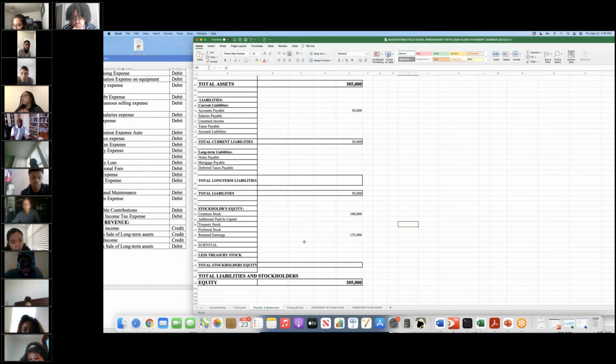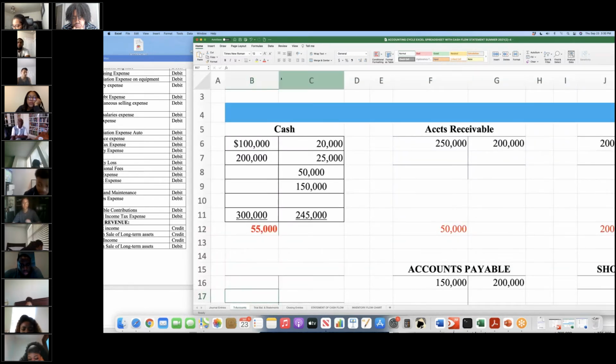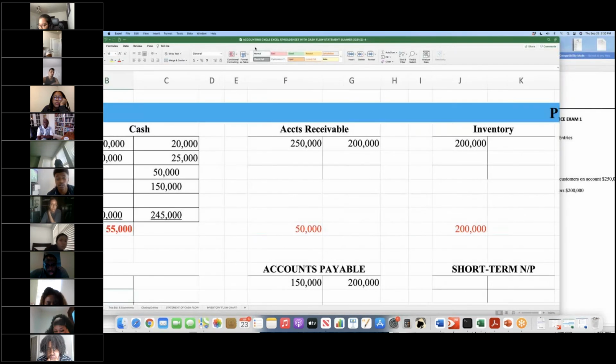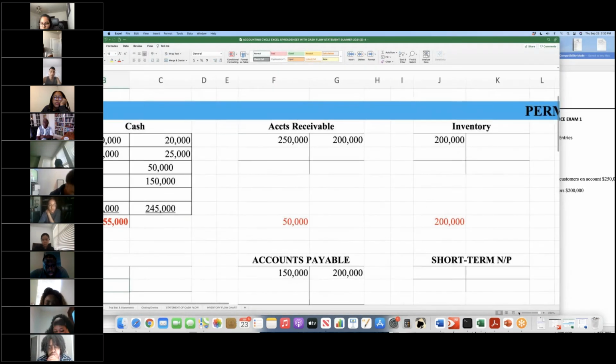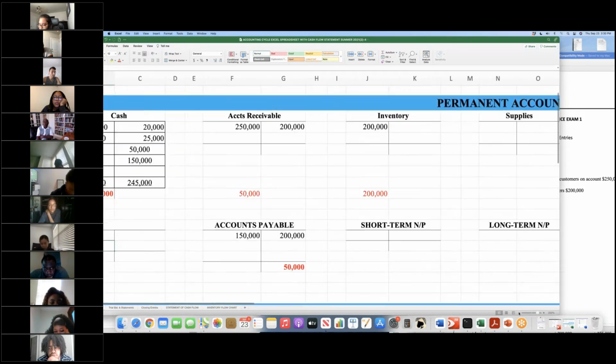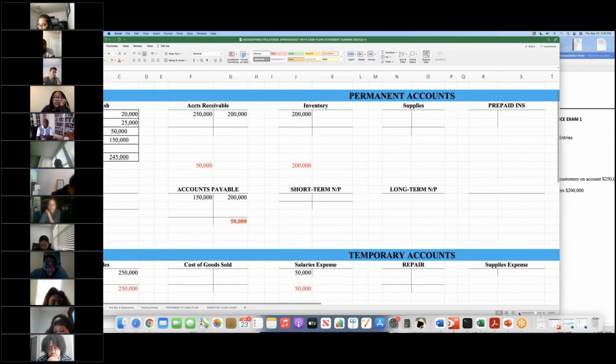Now, let's look at one other thing. Let's go back to our T accounts. Let's see if I can get them back down. So what's it supposed to equal after you put in 155,000? I think it's 305, correct?